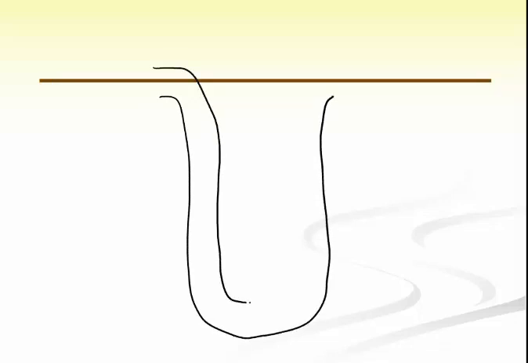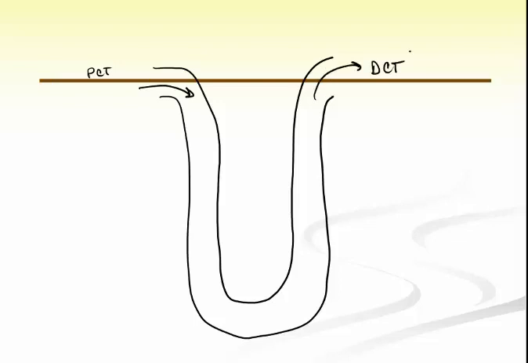So what we get is the loop of Henle like so. And of course, this would be your proximal convoluted tubule. Let's write that where you can see it. Proximal convoluted tubule leading into the loop of Henle, and then coming out of the loop of Henle, you enter the distal convoluted tubule.